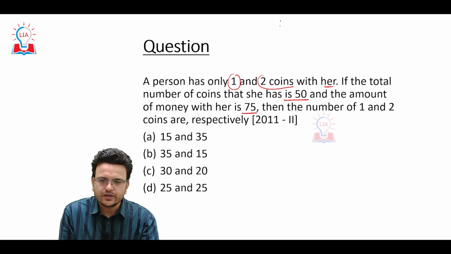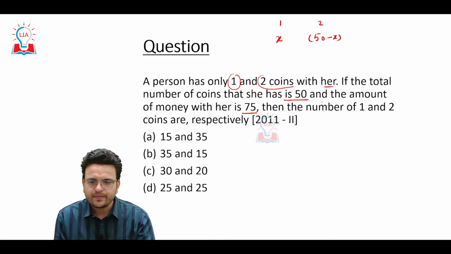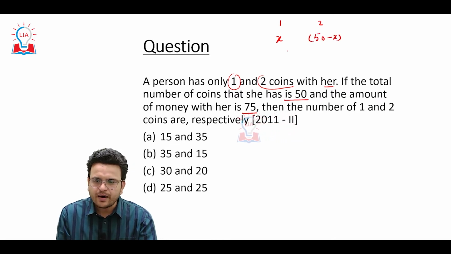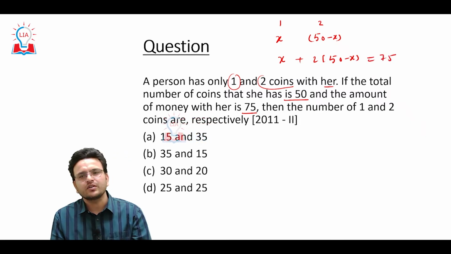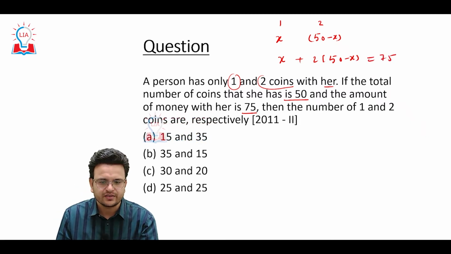So 1 rupee coins we can say X, 2 rupee coins will be 50 minus X. Amount: 1 rupee coins, X, plus (50 minus X) into 2 is equal to 75. If you are able to solve this equation, you are going to get an answer.